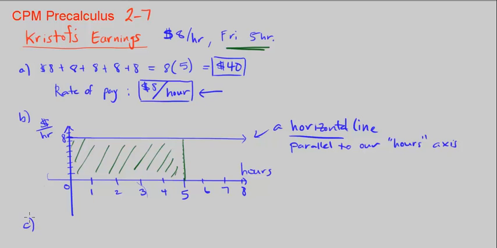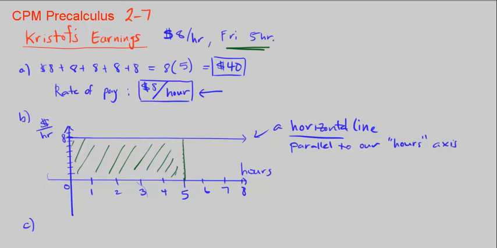So C says the area under your graph should be a rectangle. Divide the rectangle you get into smaller rectangles and draw vertical lines at 1 hour, 2 hours, 3 hours, 4 hours, and 5 hour marks. How many rectangles have you created?